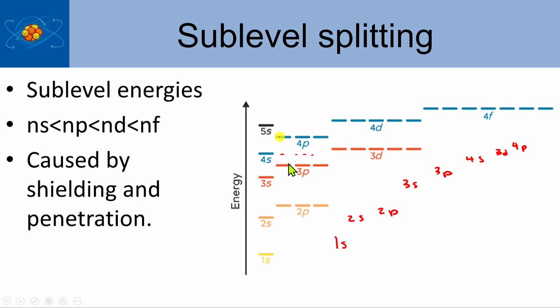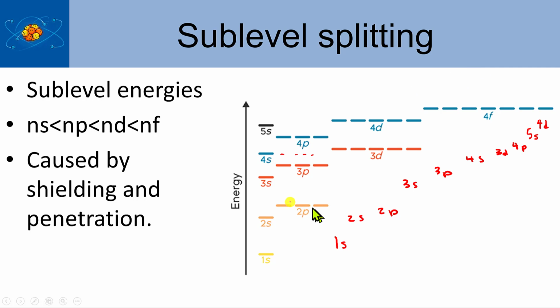So the gap here and here starts to grow a little bit. And all of a sudden you have 4d, 4p, you have 5s. I don't know if I drew that quite right, but I'll try to do 5s, and then 4d. And then you can imagine the 4d, and then the 5p, and then the 4f's come in.